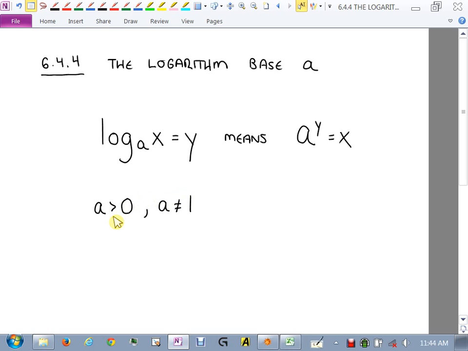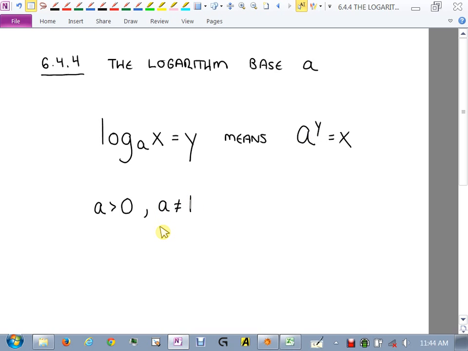The reason we say a is positive is that if I put a negative number here, a negative number to a power, we didn't even deal with that with exponential functions. We said we will not mess with negative bases. So we are going to make sure that our logs follow that same pattern. We also didn't want 1 here because 1 to any power is just 1. So we throw those out.